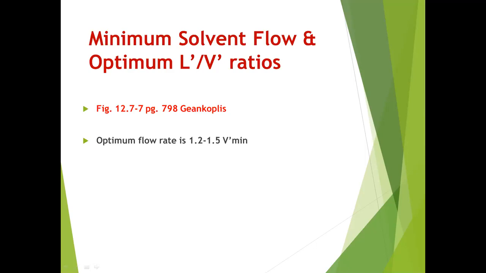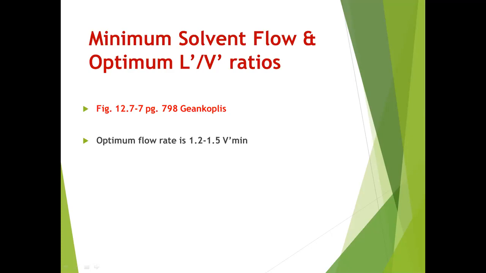In extraction, we're also taking out a component of interest, or the mass transfer is also from a liquid. The only difference is that in stripping we're using a gas solvent. In liquid-liquid extraction, our solvent is liquid. That's the only difference, but the manner of determining the minimum solvent flow rate is still the same.